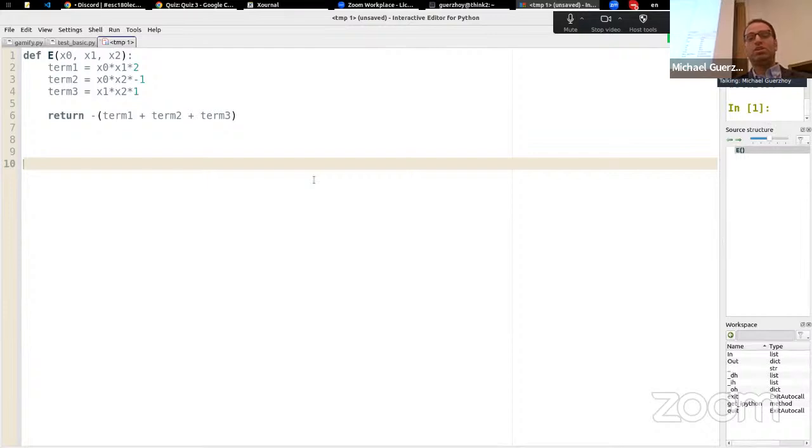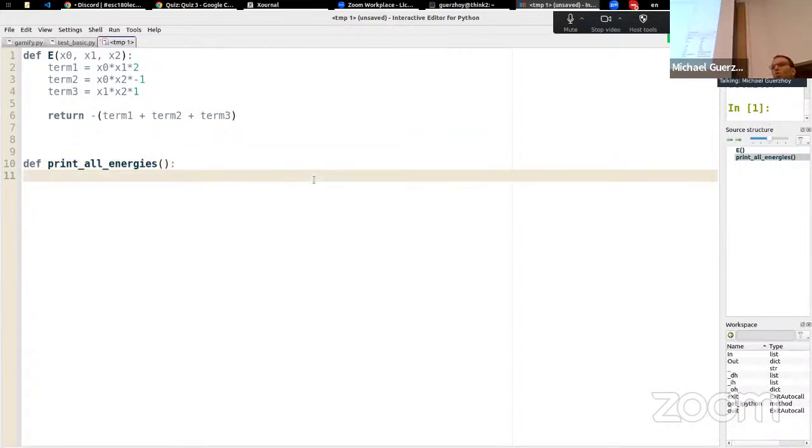First of all, let me print out all the possible energies. So what is it? Well, it's the same as print all passwords, right? We want to try to print every possible x0, every possible x1, every possible x2, and the corresponding energy.